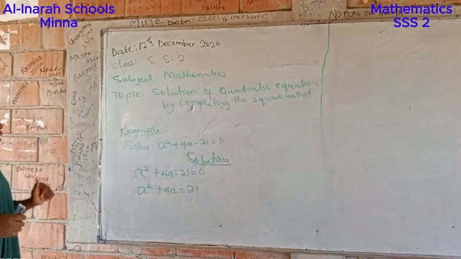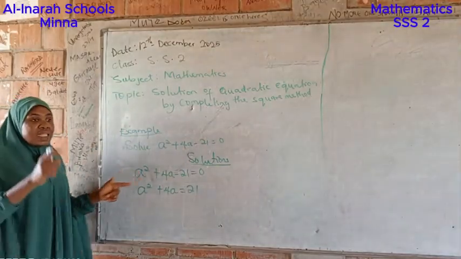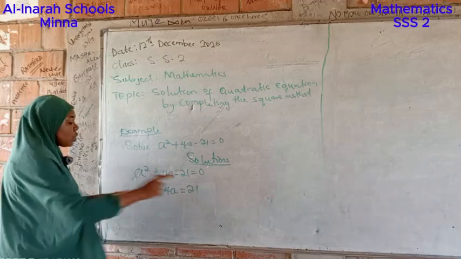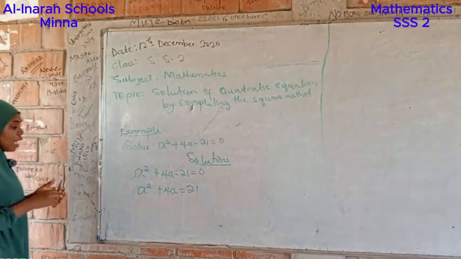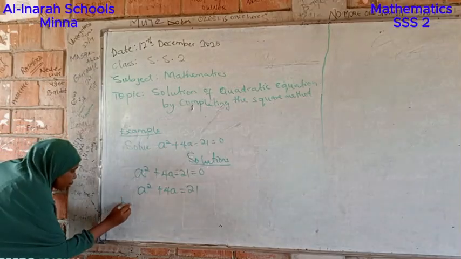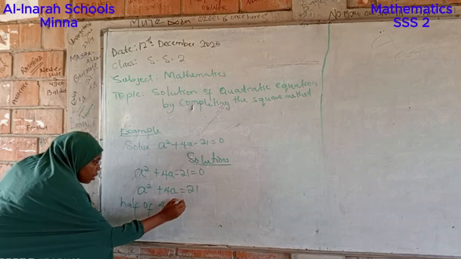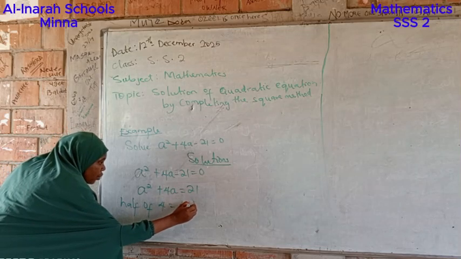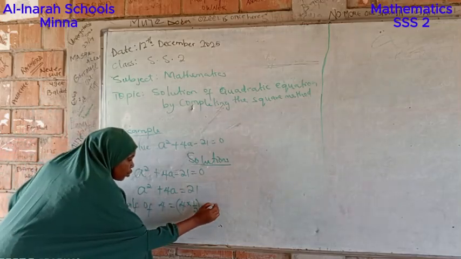The next one says that we should take half of the coefficient of a and square it. Then we add it to both sides. What is the coefficient of a here? 4. So we take half of 4, which is 4 times 1 over 2. It will give us 2.